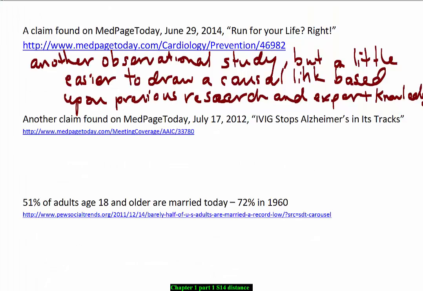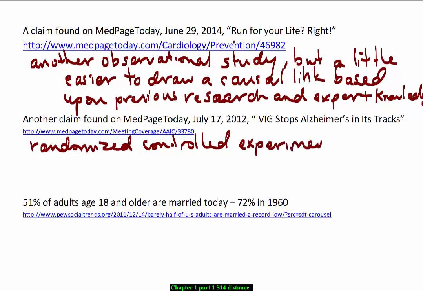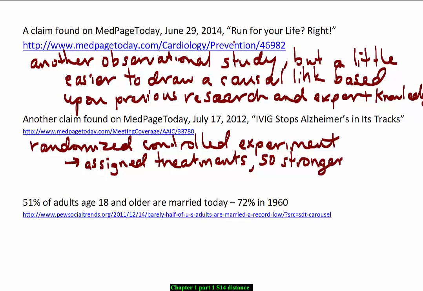In a randomized controlled experiment, the key word here is experiment as opposed to observational study. We assigned treatments, so we have a stronger link, reason to show a causal relationship. So stronger evidence for causation.